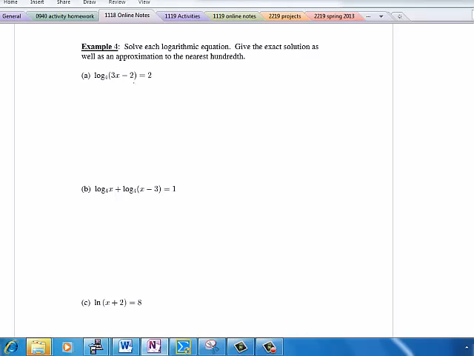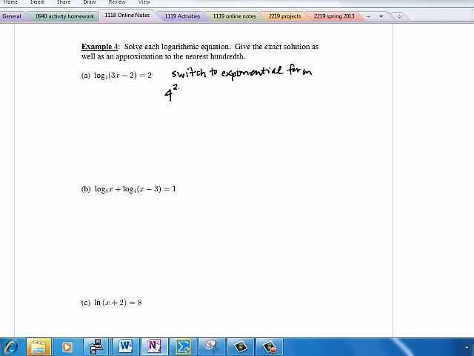In this example, the first one, we've got a single logarithmic expression and it's already isolated. So this is as simple as these are going to get. So right away we just switch to exponential form. Which the base is 4.